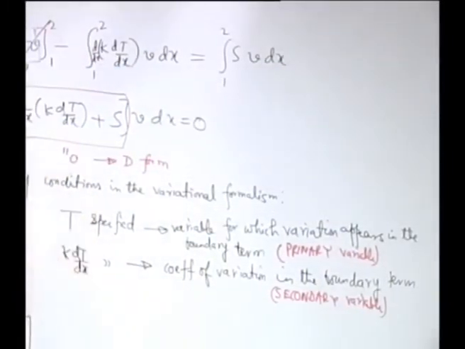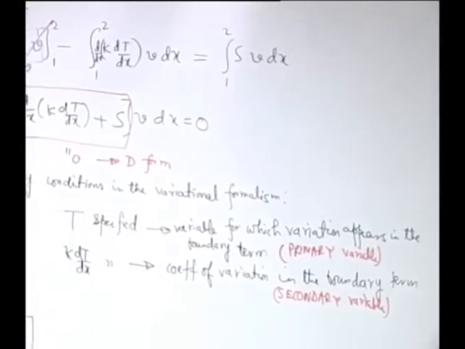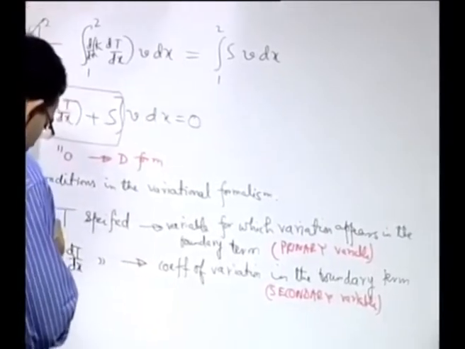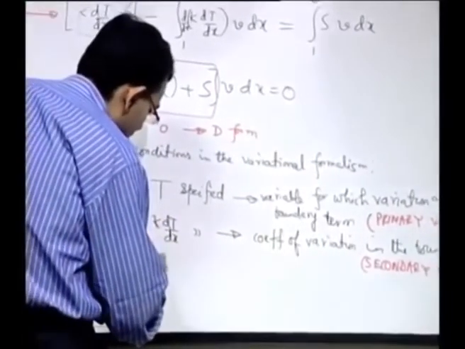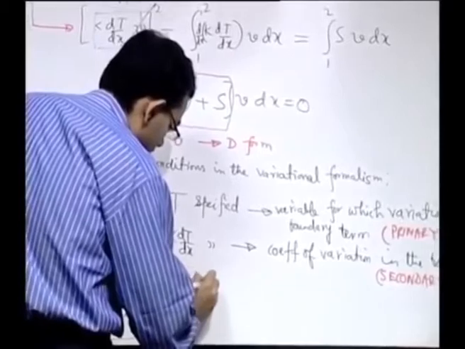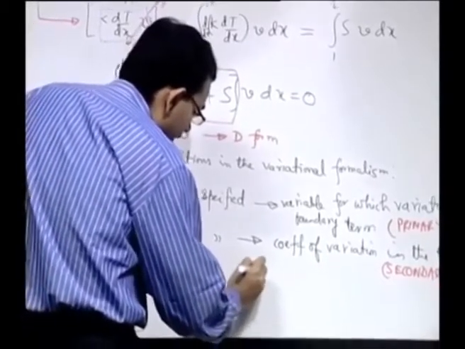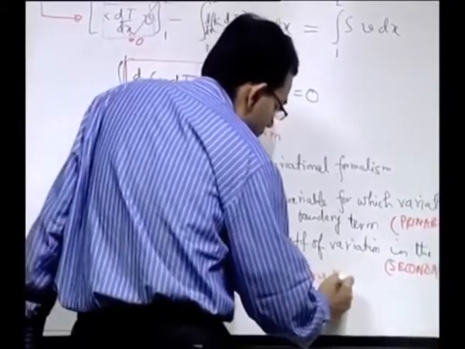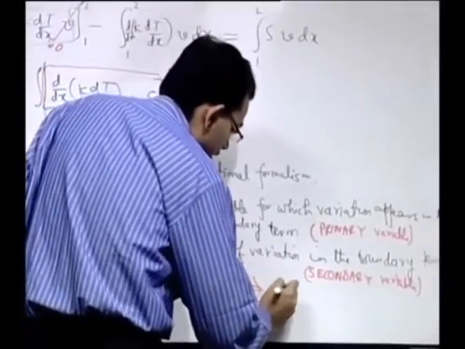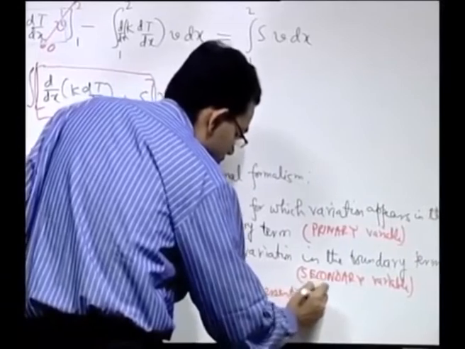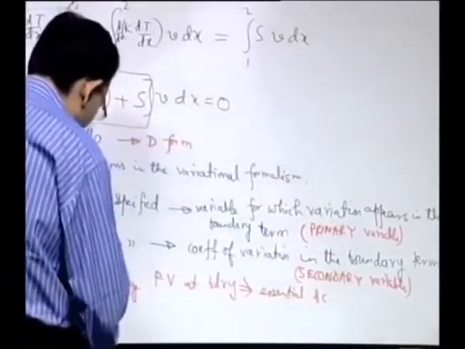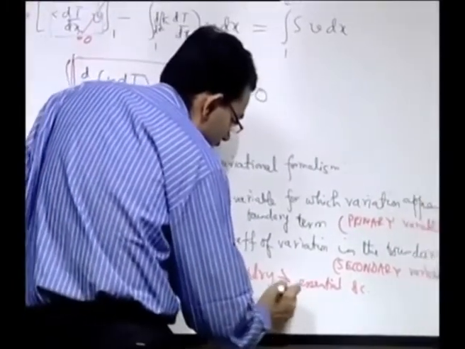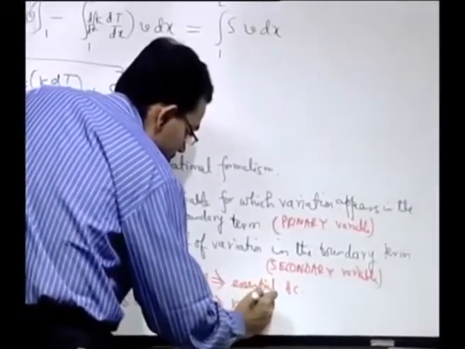Specifying the primary variable at the boundary is called an essential boundary condition, and specifying the secondary variable at the boundary is called a natural boundary condition.